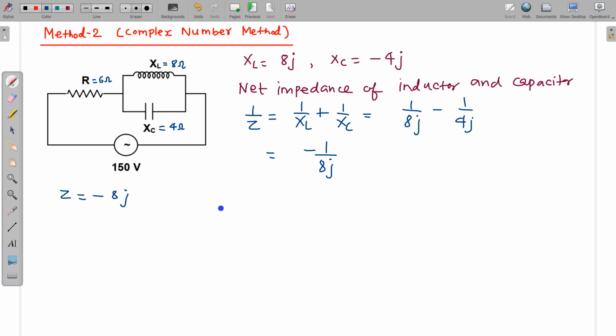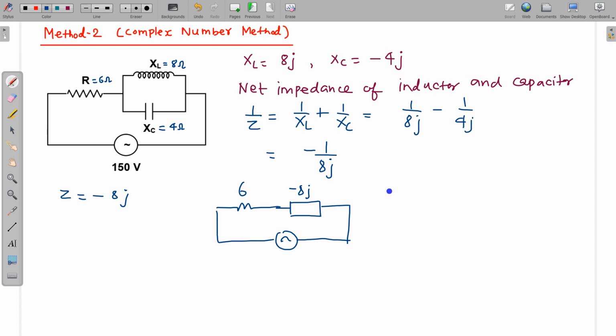Now you can replace this circuit, and I am just replacing these two by a box here. So now this is my equivalent circuit, with 6 and minus 8 iota. So what is the RMS value of current?